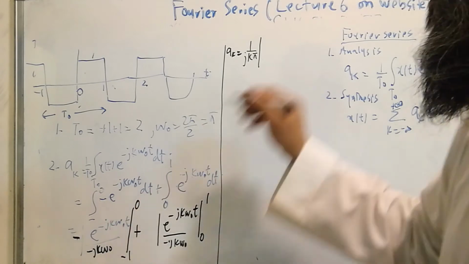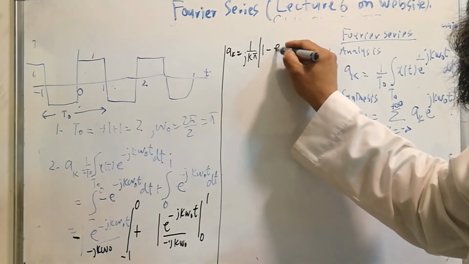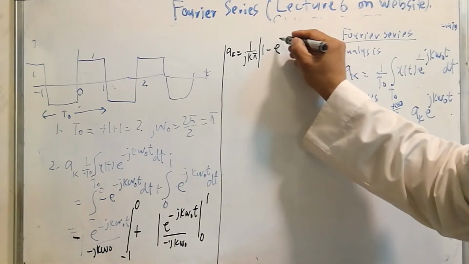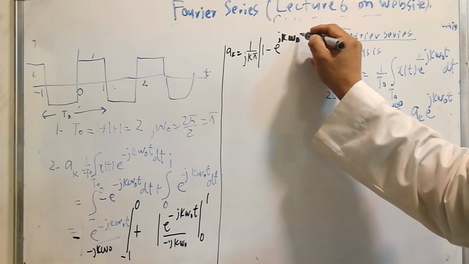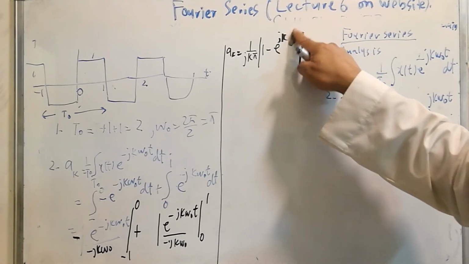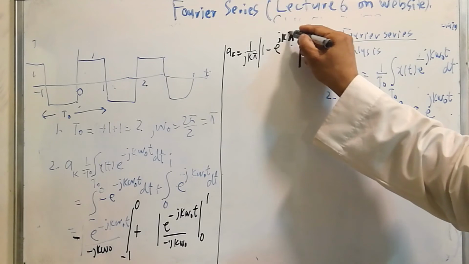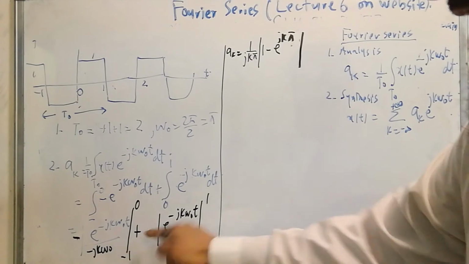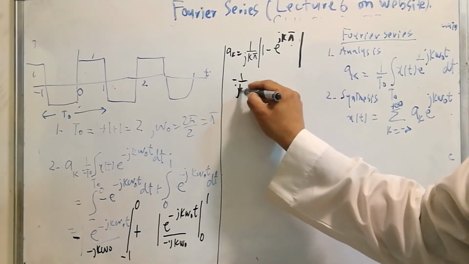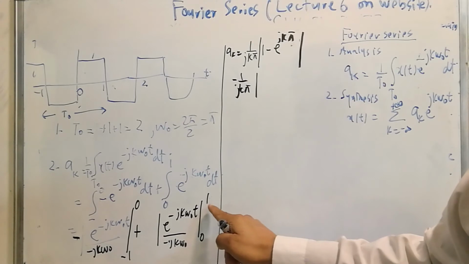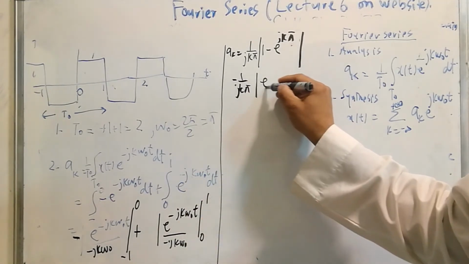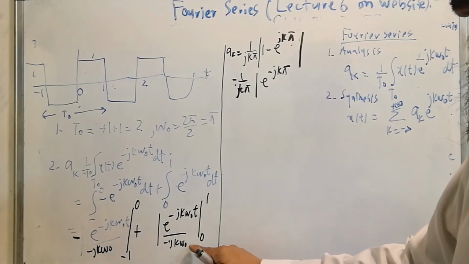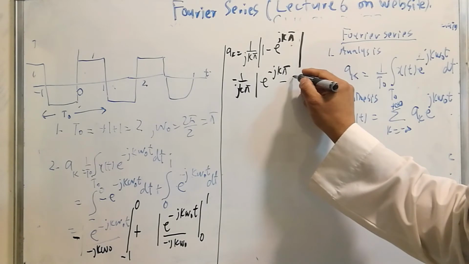When I put 0 here, it will be 1 minus e raised to the power, when I put here minus 1, it will be j k omega naught, and omega naught is pi, so I can just replace it by pi, plus minus 1 over j k pi. I put 1 here, so it will be e raised to the power minus j k pi, and minus 1.